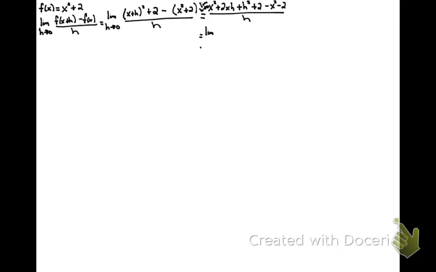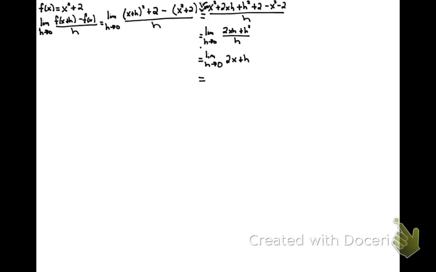Now this is nice because this will simplify. So we've got the limit as h goes to 0. In the numerator, the x squared subtract out and the 2's subtract out. So we're left with 2xh plus h squared over h. And now the h actually divides out, which is what needs to happen so we can take the limit. We're left with the limit as h goes to 0 of 2x plus h.